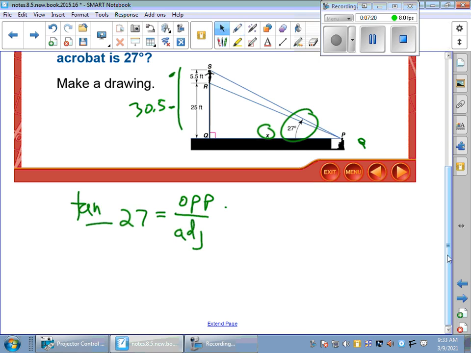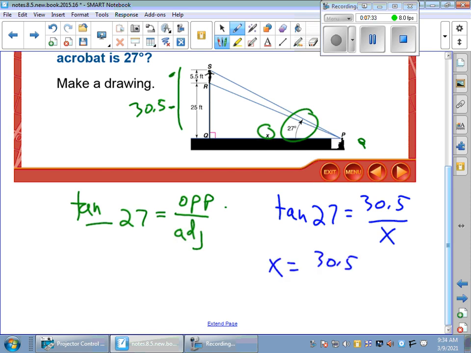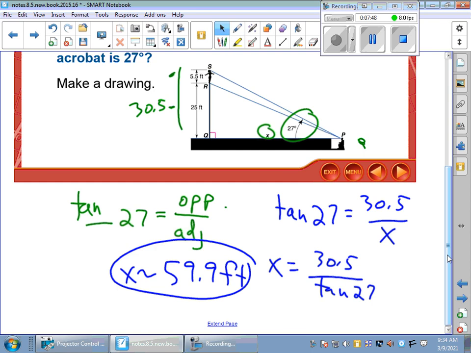So tangent of 27 equals your opposite, which is 30.5, over your adjacent, which is x. So x equals 30.5 divided by the tangent of 27, and you should output an answer of about 59.9 feet.